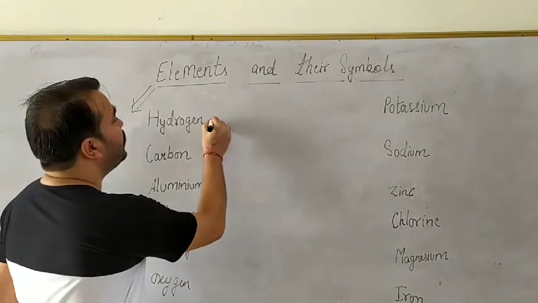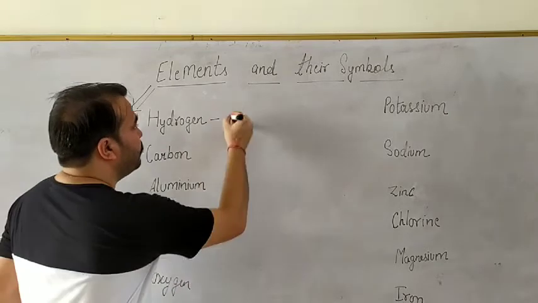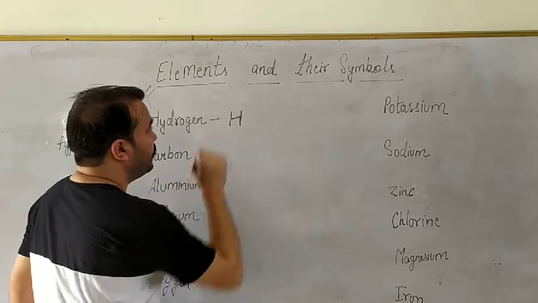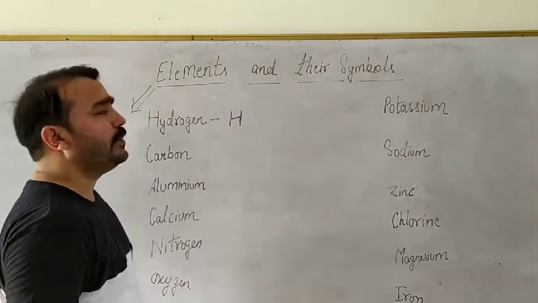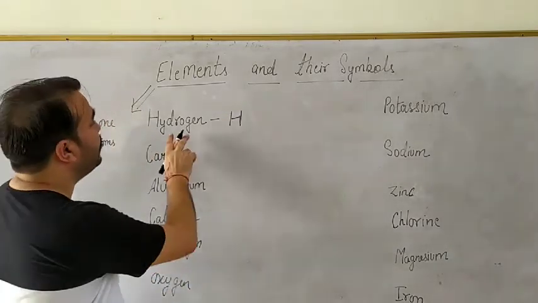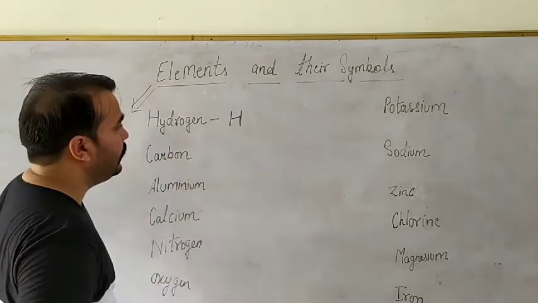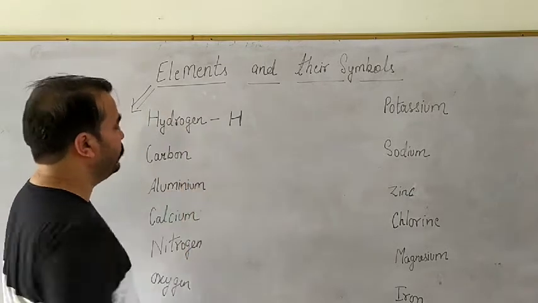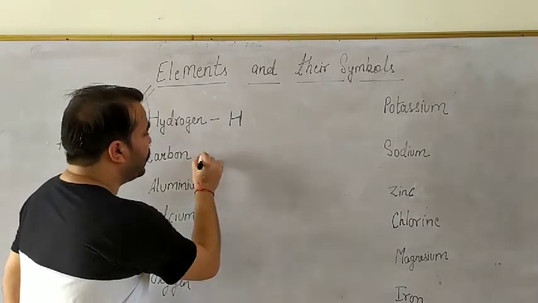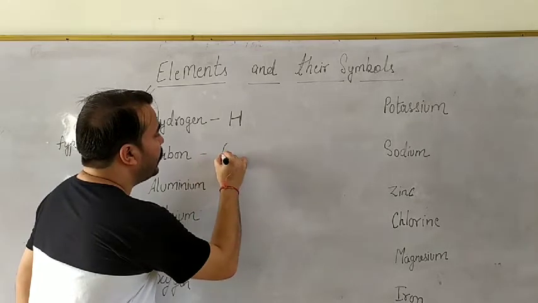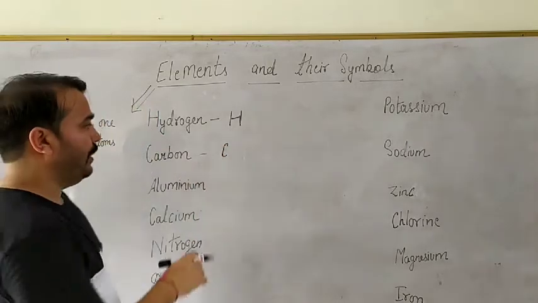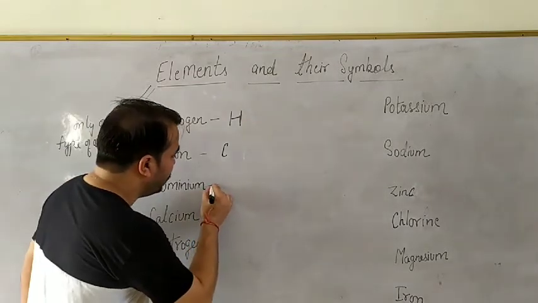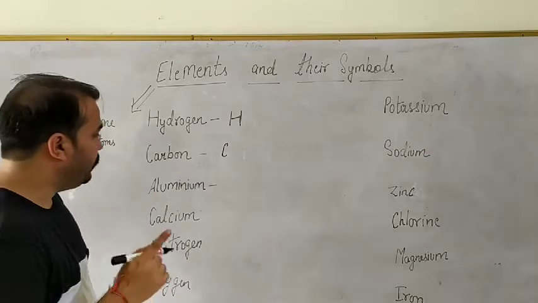So symbols are generally written with the first letter of the element. Now there is a certain rule to write the symbol. If it contains only one letter, it has to be a capital letter, uppercase H for hydrogen. Similarly, for carbon, you need to write a capital C. There are certain elements whose symbol contains more than one letter.